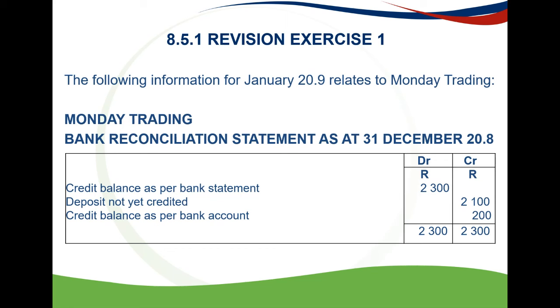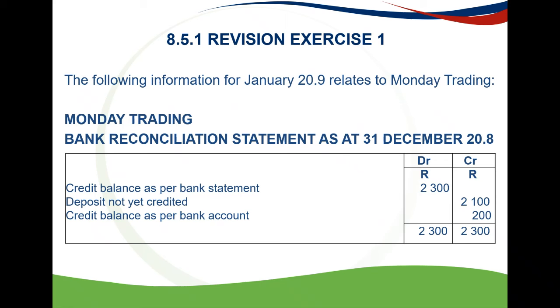So that already tells us this is the previous month's bank reconciliation. So this entity has already done a previous bank reconciliation. Therefore, the date of the bank reconciliation is 31 December 20.8. But we are going to do the bank reconciliation for January 20.9.